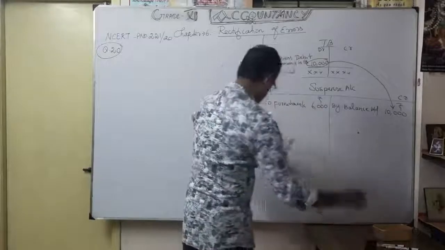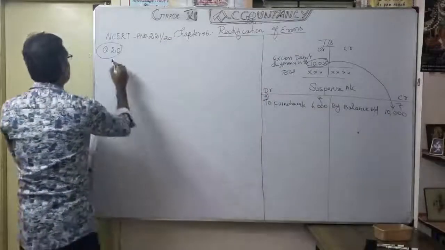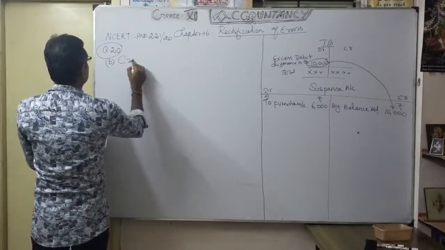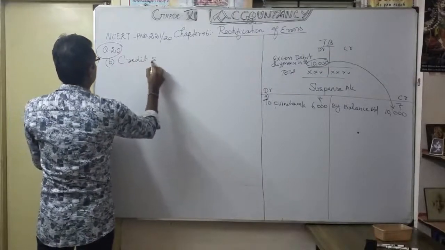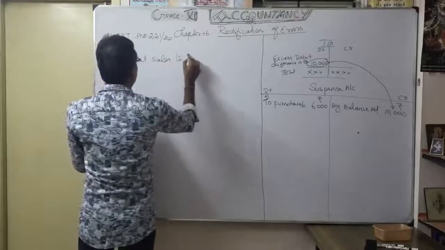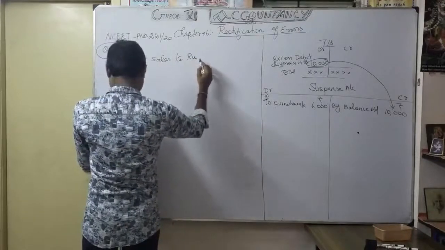What is that? See, I say B. Credit sales to Reuben, isn't it?